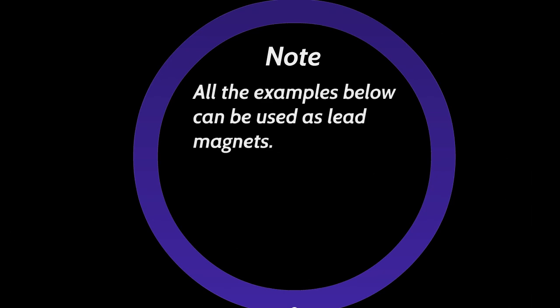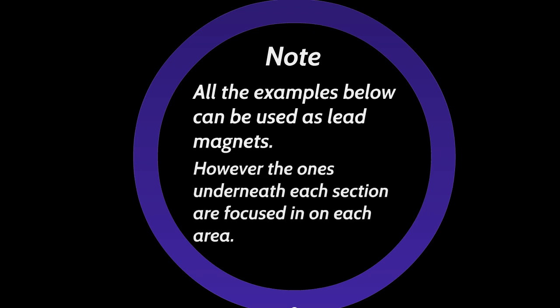Now, all the examples below can be used as lead magnets. However, the ones that I'm going to talk about in future videos, underneath each sectional video, are going to be focused on each area. I'm going to talk about different types of mediums, audio courses, software, and different examples that you can just go ahead and use right away, so that you don't have to really think.